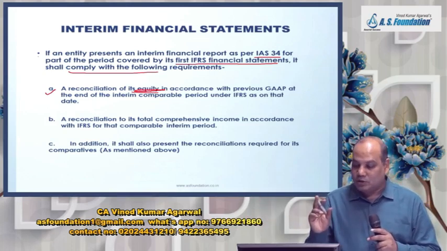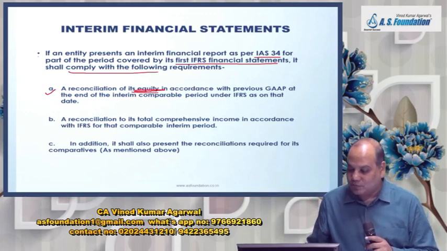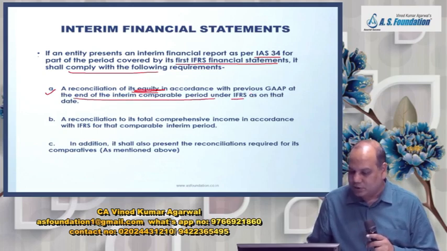A reconciliation of its equity in accordance with previous GAAP at the end of the interim comparable period under IFRS as on that date. So reconciliation of equity, previous GAAP and IFRS at the end of the interim comparable period.